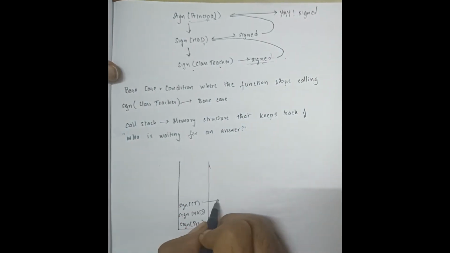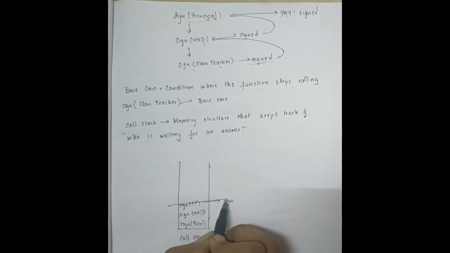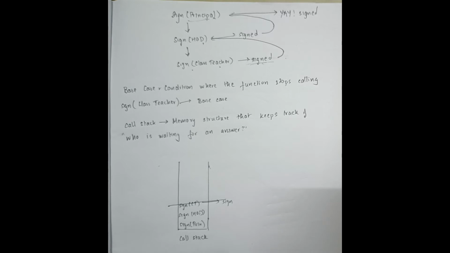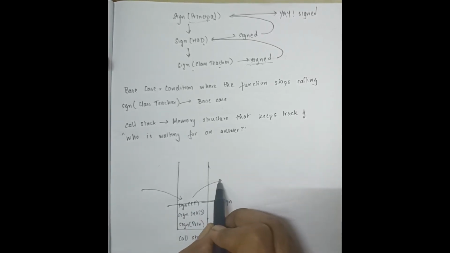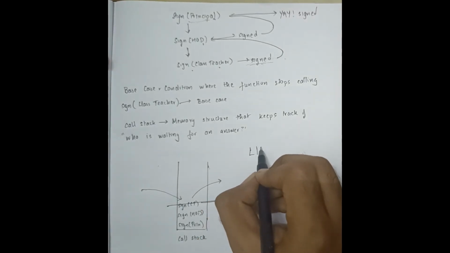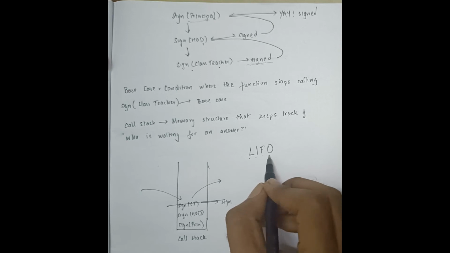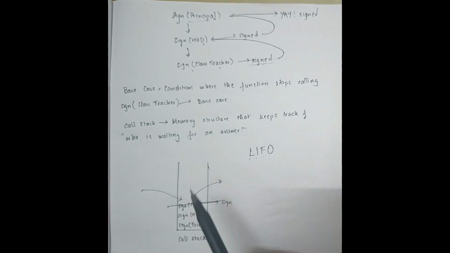Once it returns the signed form, we remove it, and we can see that the one which was added last was removed first. We've seen this somewhere, right? The basic principle of stack, LIFO, last in, first out. And this is how the call stack operates.